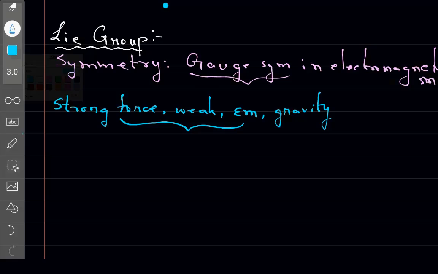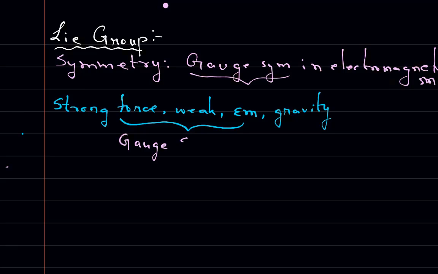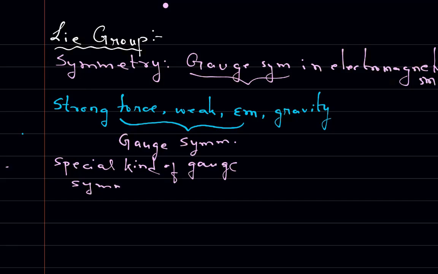are described by theories that have gauge symmetry, and not just any gauge symmetry, a special kind of gauge symmetry. So let me write. Special kind of gauge symmetry, and it has a name, and we say that this is described by a kind of gauge theory which is called Yang-Mills theory.